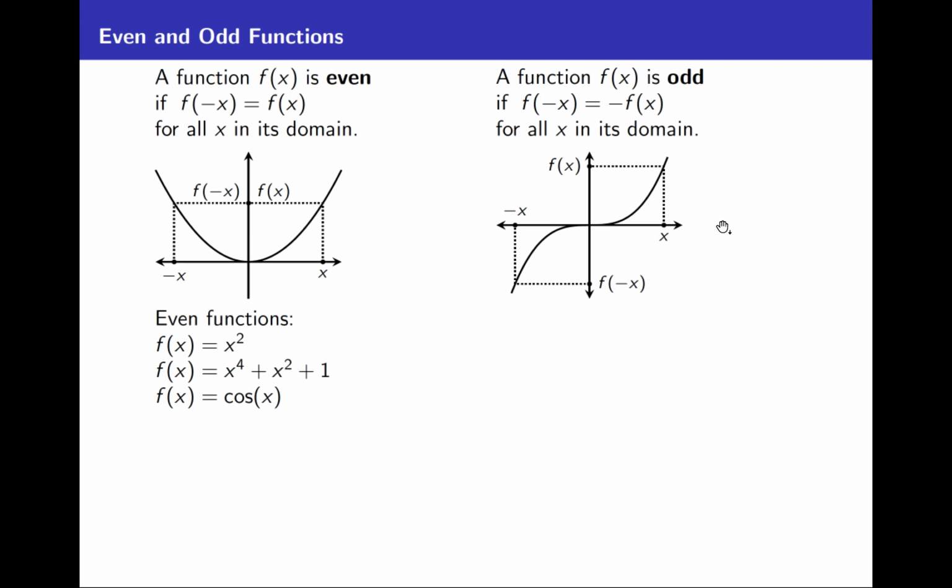So odd functions are symmetric with respect to the origin. If you took a point x, f of x, on a graph of an odd function and drew a line straight through the origin, an equal distance to the other half of the graph, you'd get to the point negative x, negative f of x. And examples of odd functions are f of x equals x cubed, like the one we see here.